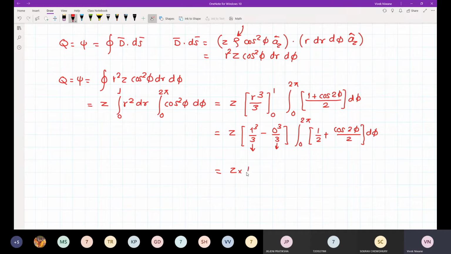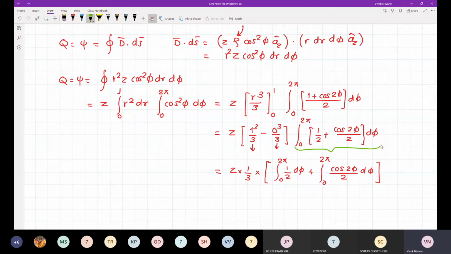So z into 1 by 3 into, now we will split the integral: integration 0 to 2 pi of 1 by 2 d phi plus integration 0 to 2 pi of cos of 2 phi upon 2 into d phi. That forms one bracket.